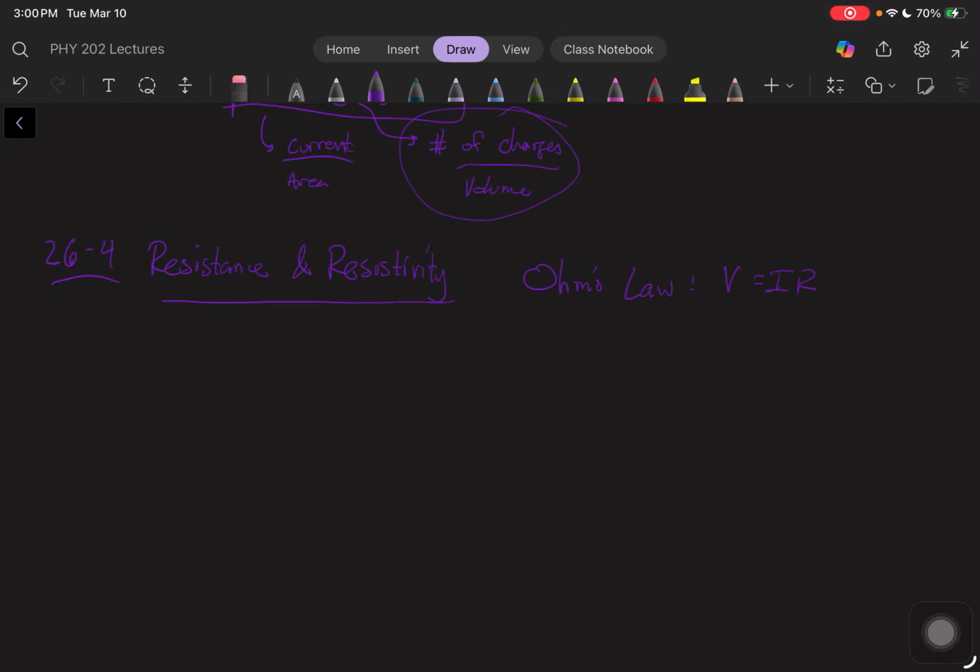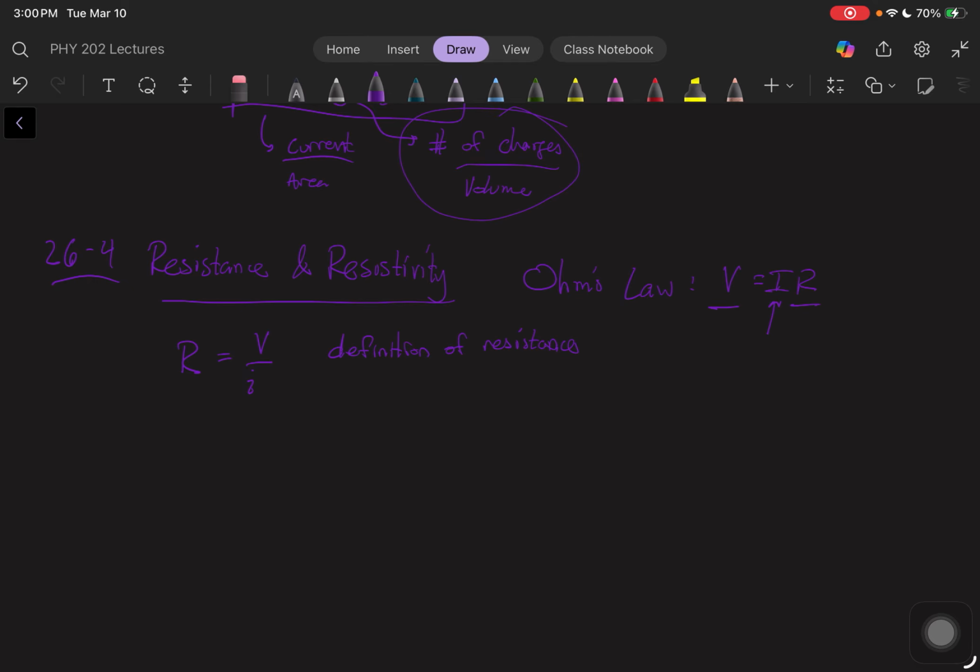Right, and so that's, if you apply some voltage to a circuit, you get some current through that circuit, and it depends on the resistance of the circuit. And so we actually use this as our definition of R. Yeah, so R is V over I. And this is the definition of resistance.